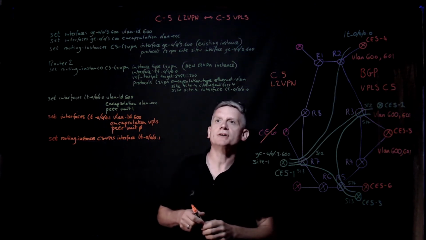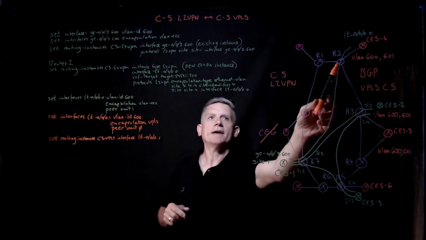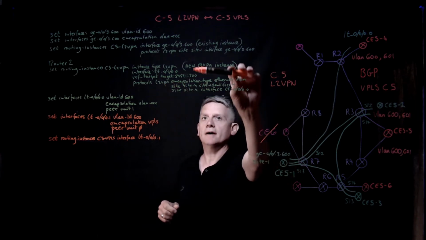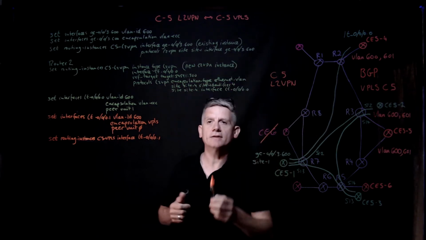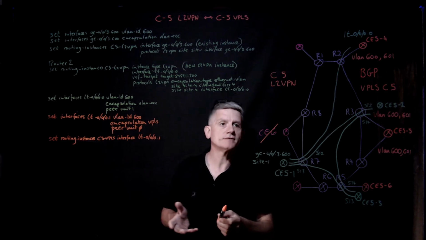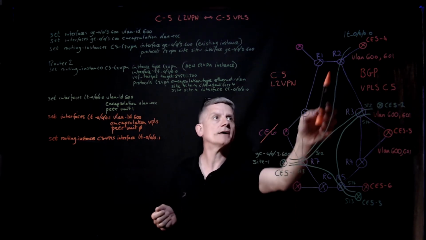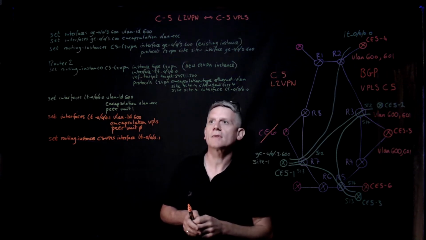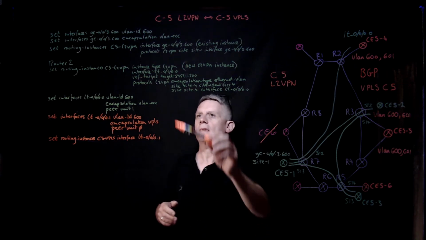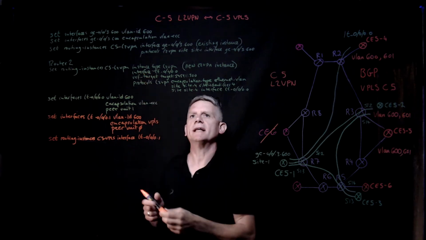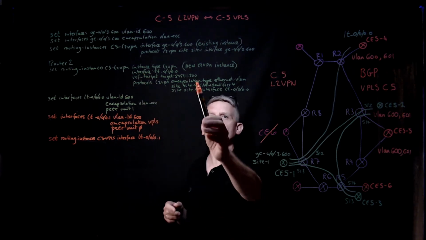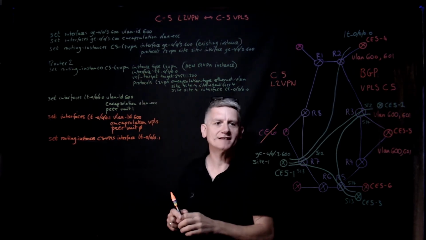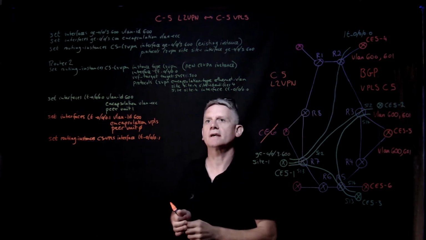Up onto router 2, we now have to configure a layer 2 VPN routing instance on router 2 that will connect down to that 600. So here it is. We put in the layer 2 VPN. We've got to have a matching target, obviously, so the target here must be the target there.